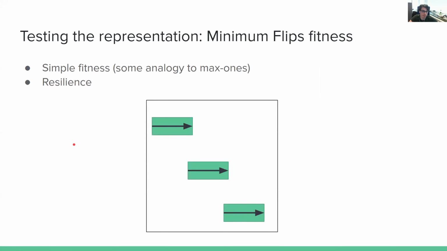So now we have the representation and we have the algorithm, and we're at the point where we can start to test it on fitness functions. So here we're going to talk about this very simple fitness function. It's analogous to the Max1's fitness function, if you're familiar with that. And we're testing the resilience of the magnetic system here. So if you imagine we have some geometry here, it's not a very exciting one, but it's a good example. All these magnets are pointing to the right at the moment.